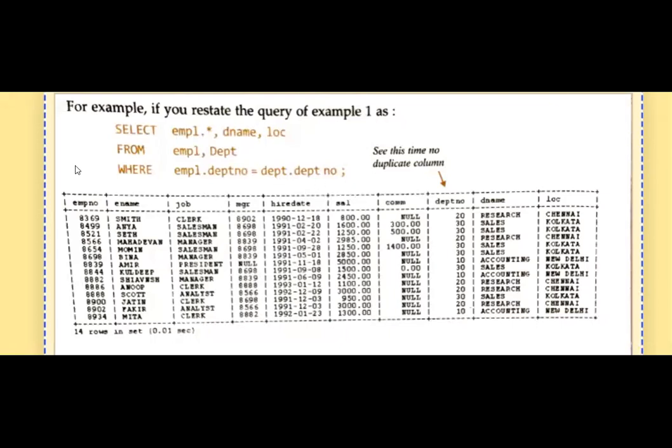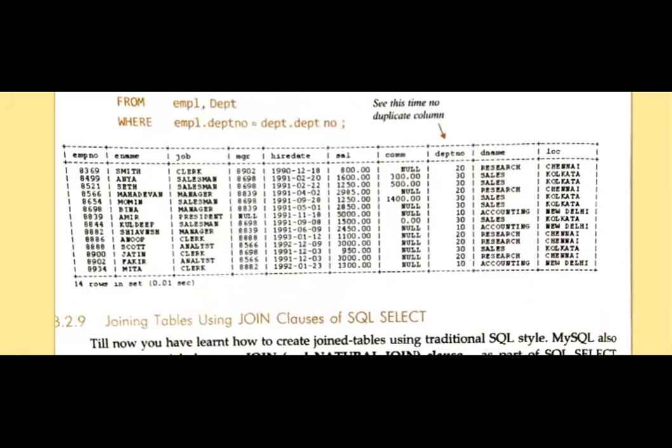So this is what you have to take care of. Now, if you are going to use it like this, what benefit will you get? You can see over here, it has been highlighted that department name has been shown only 1 time. So this is your natural join.